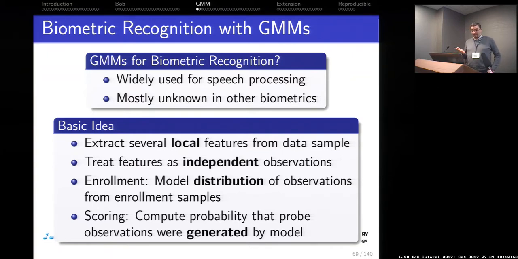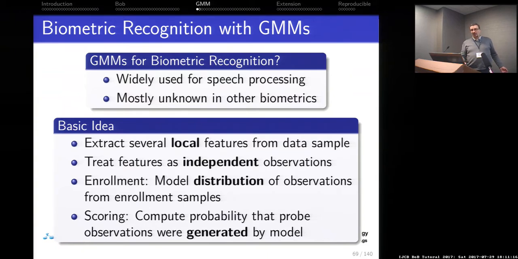For enrollment, the basic idea is that we model the distributions of these observations from enrollment samples. So we have 5 images in our data set, and we just model the distribution of the features of these 5 images. And this is our model for our identity.